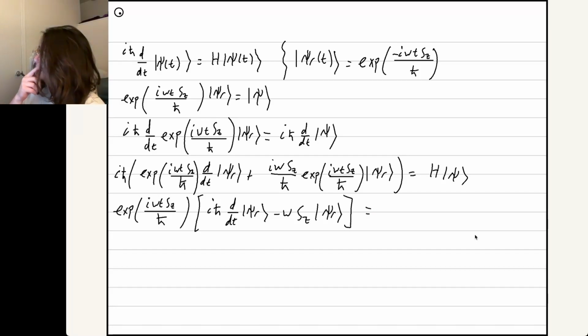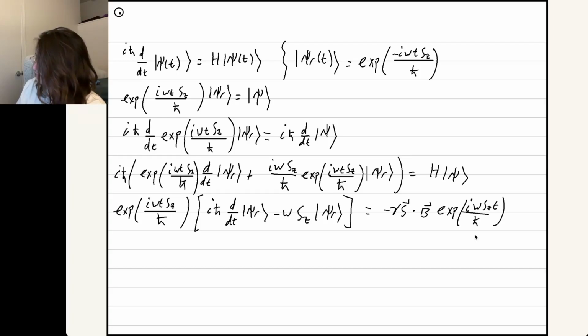On the right hand side, we're going to go ahead and expand the Hamiltonian, which we know from the problem statement is gamma, which is the electromagnetic factor, times the spin vector times the magnetic field vector. And by definition, it's a rotation of the non-rotating wave function, so we can turn it into a reverse rotation of the rotated wave function.